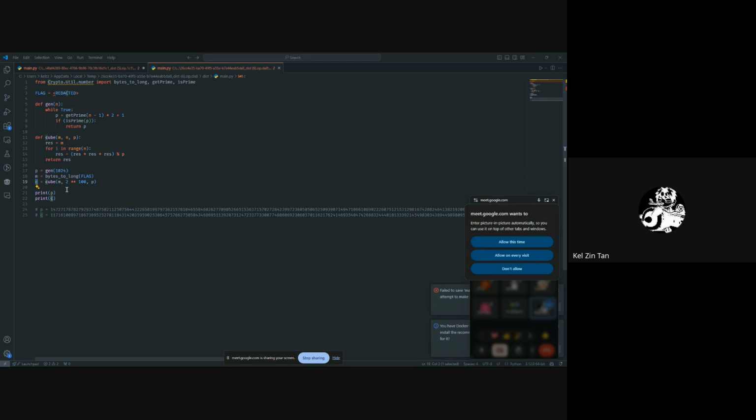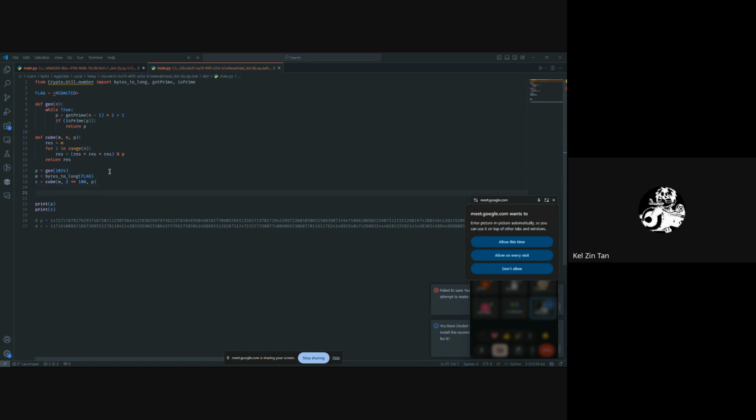Actually no, this is not a simplification. Okay, this requires a little bit of a trick. So you basically want to find D such that C to the power of D... You see, the Copilot already completed all the things for me.